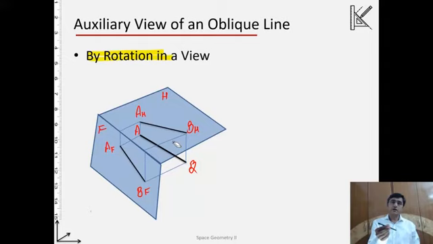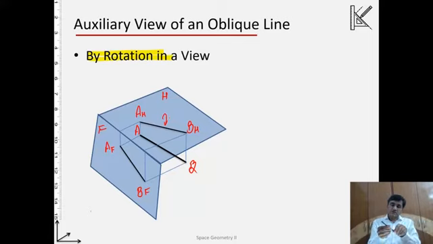But how to do it? Just visualize this. This line has a projection onto the horizontal plane. With the help of the projection on the horizontal plane, I can execute this rotation. You know what will happen?